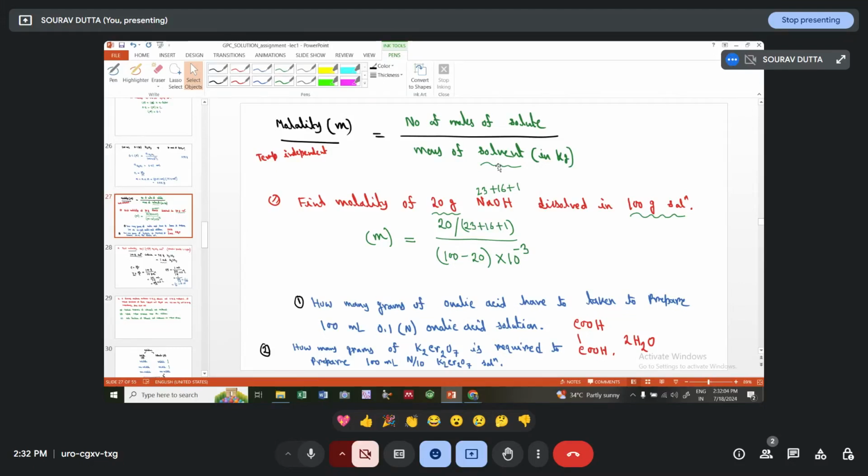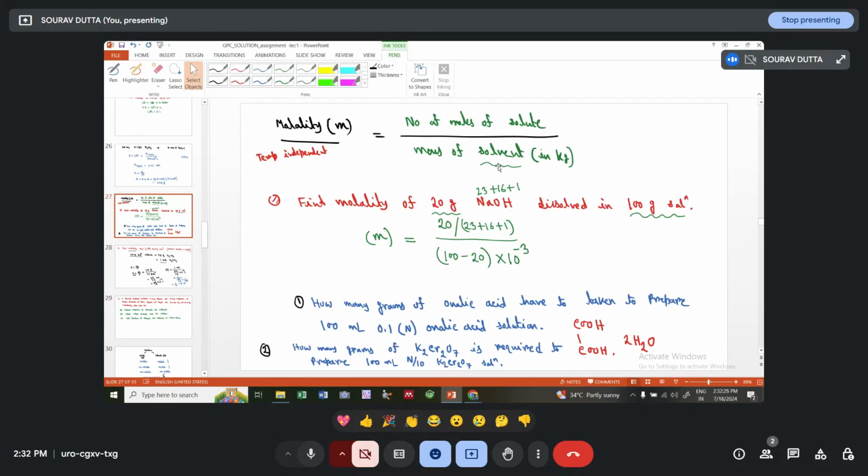In both cases it is the number of moles of solute, but the difference is in the denominator. In molarity, the volume of the solution in liters is used, and in molality, the mass of the solvent in kg. So molality is the number of moles of solute present in 1 kg of solvent.